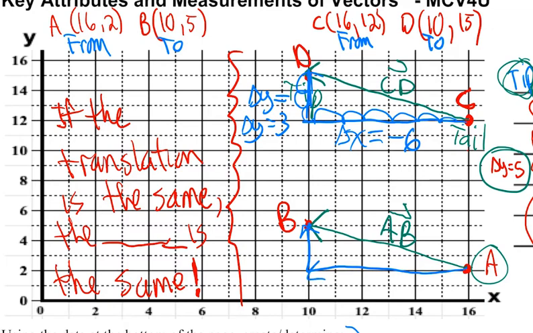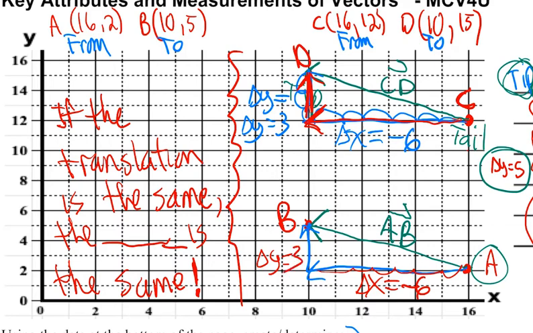In fact, delta x and delta y in and of themselves are both vectors. This vector here is -6, 0. This vector here is 0, 3. Going back down to here, what's delta x for this vector? 1, 2, 3, 4, 5, 6. -6. Delta y is also 3, same as the one above.